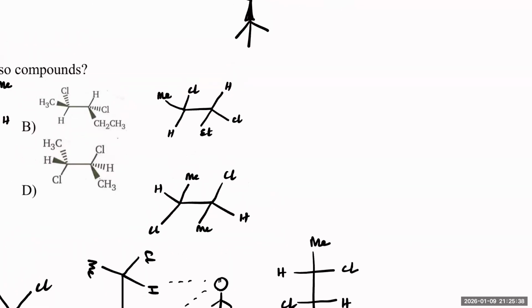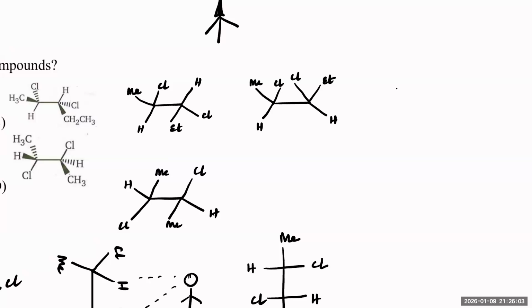So in this case, if you check out this molecule here, again I'll write it like this. So hydrogen would be here. Methyl and chlorine are already here. Now as you rotate, chlorine will come here, ethyl will come here. Correct?